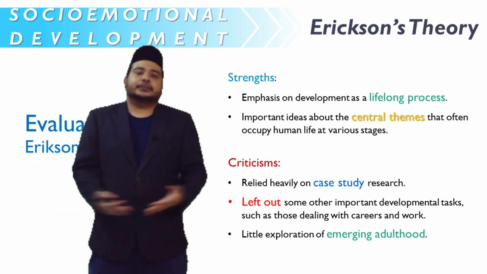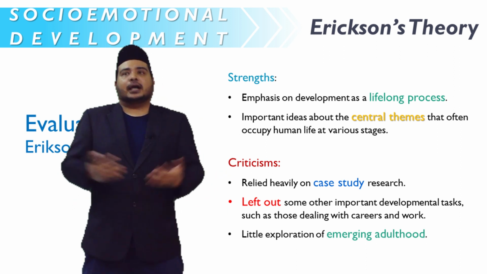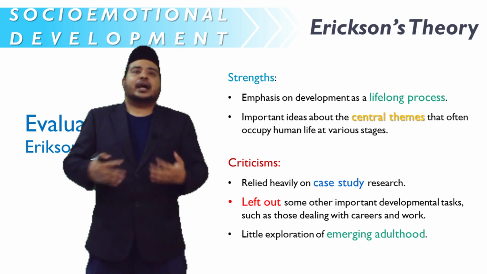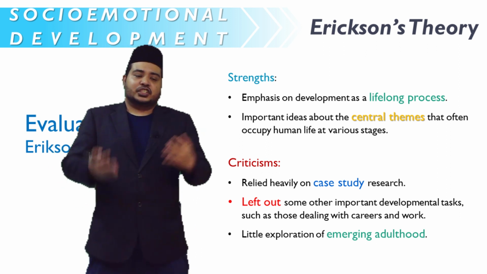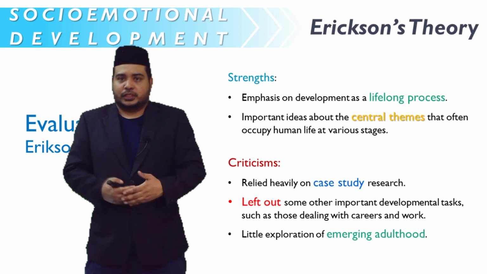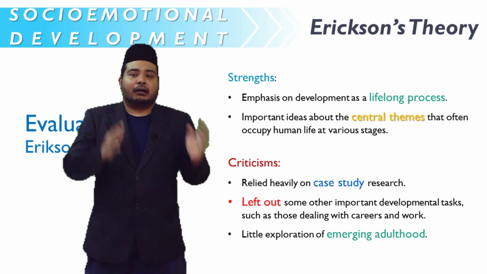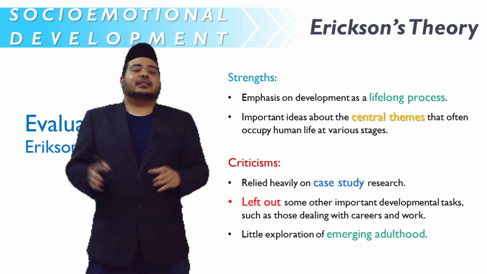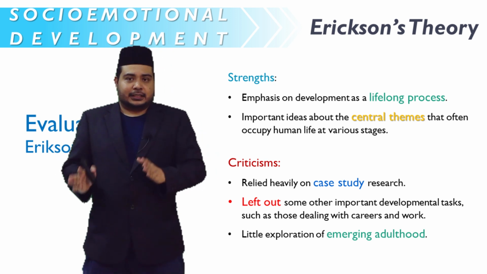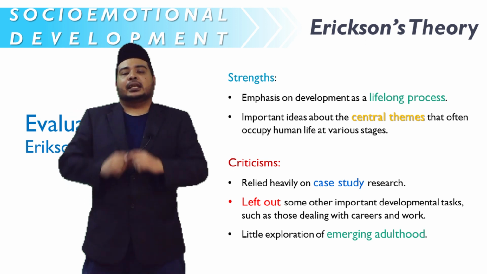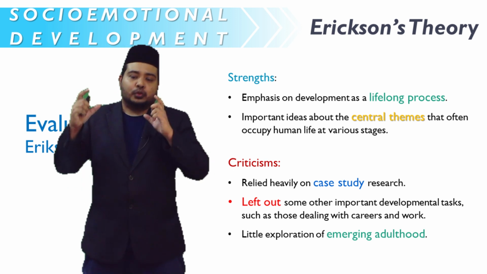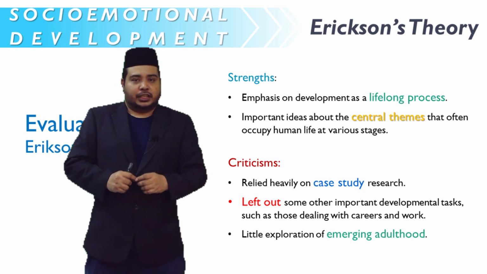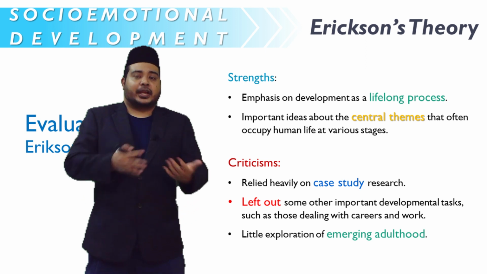For example, in adolescence, adolescents are occupied with trying to establish their identity, so identity versus identity confusion. These are all important central themes. Erikson called them central themes, important crises or developmental tasks that people have to address and fulfill in each developmental stage. So those are the strengths of Erikson's theory.